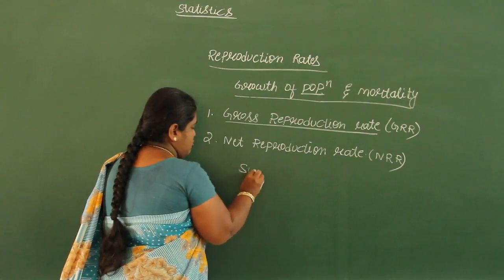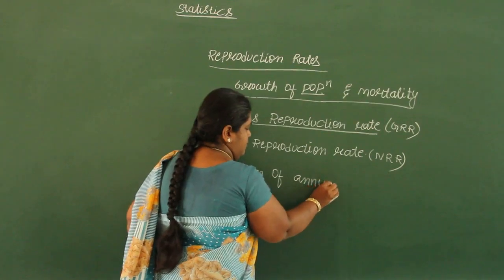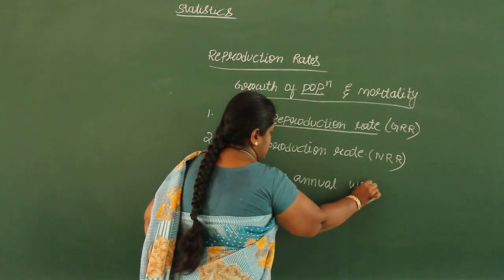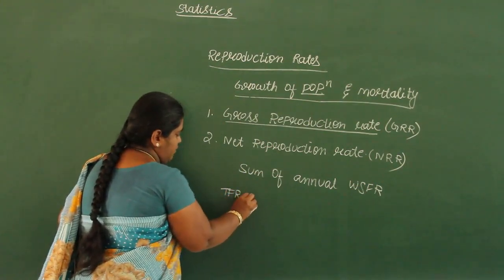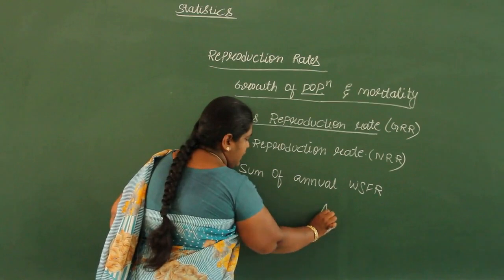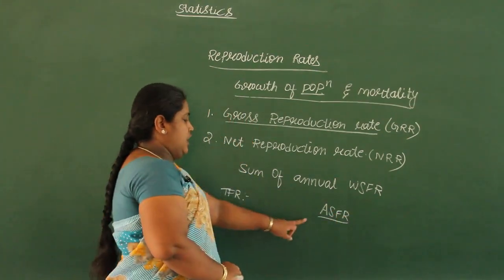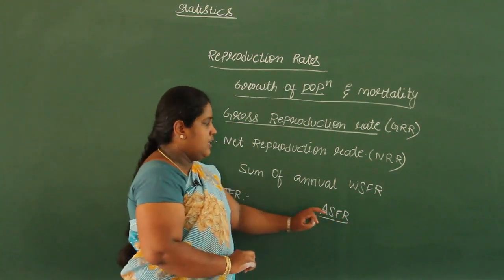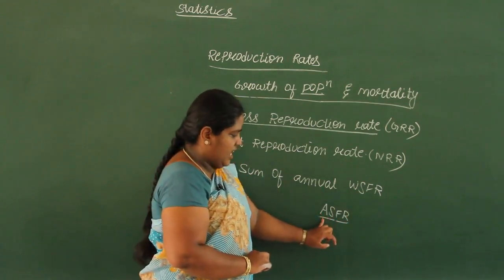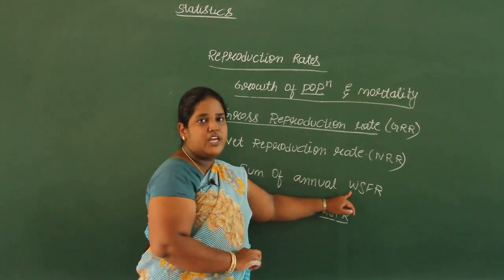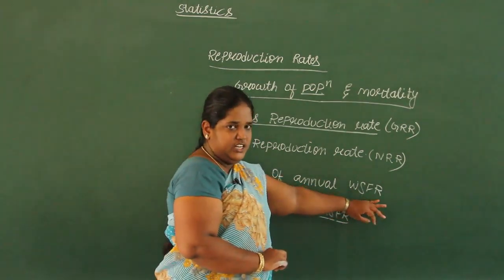So gross reproduction rate is the sum of annual WSFR. If you consider TFR, what was TFR? It was the sum of annual ASFR, where ASFR stands for age specific fertility rate. Similarly, in the gross reproduction rate, instead of age, here it is women. So we are considering only the women population, the women specific fertility rate.